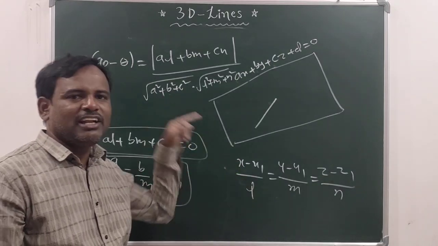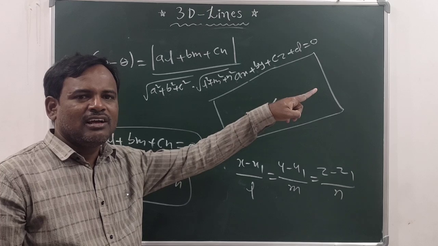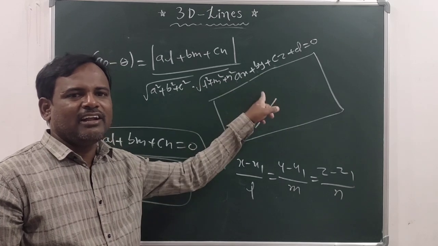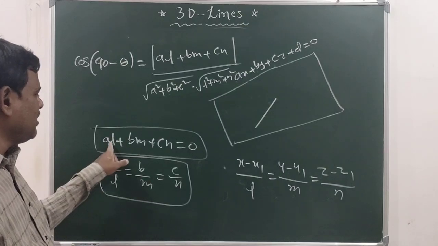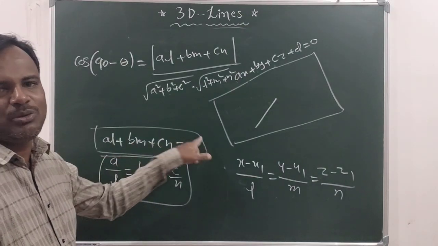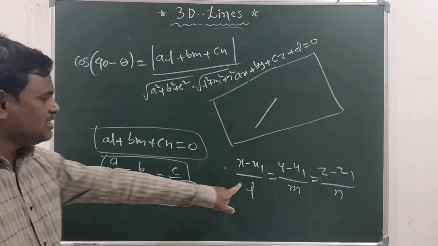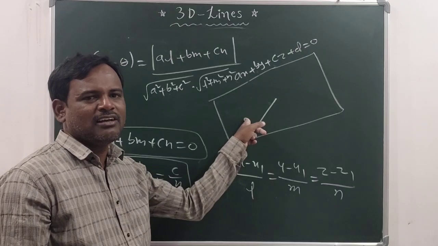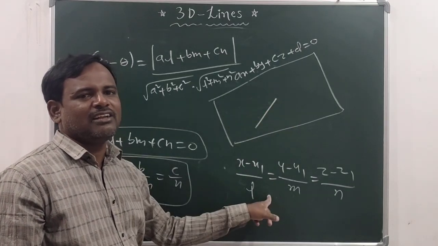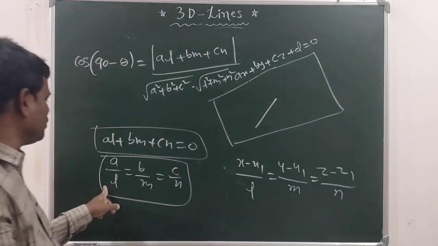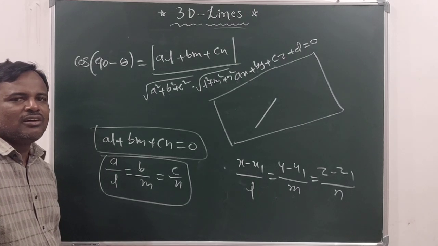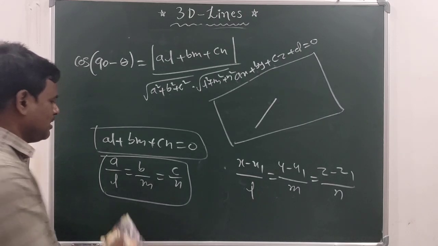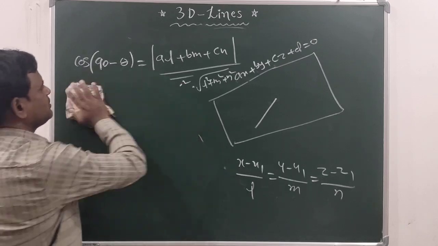Because if this line is parallel to the plane, the line and the normal of the plane are perpendicular to each other. If this line is perpendicular to the plane, then the normal and this line both are parallel. Parallel means whose DRs are proportional. Okay students? Right. Next.